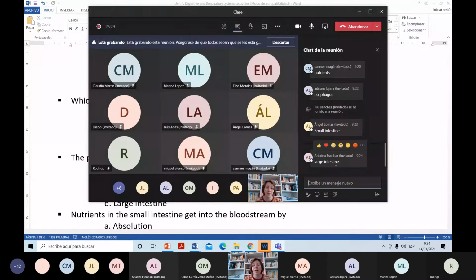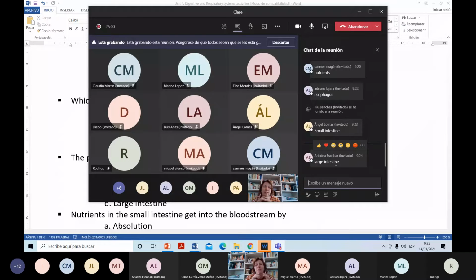I do not agree. All of them do it, because the esophagus has these peristaltic movements that send the food bolus down. The small intestine also has peristaltic movements that send the chyle. It's not food bolus anymore, but chyle, the one that is passing. And the large intestine also has peristaltic movements to send feces out.